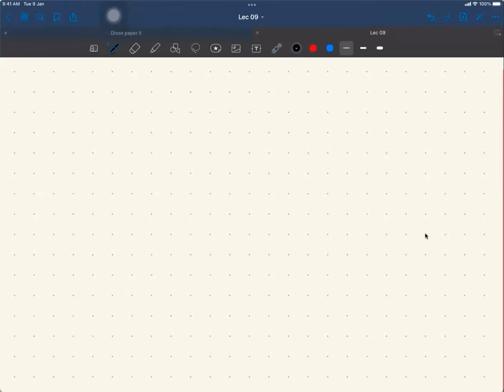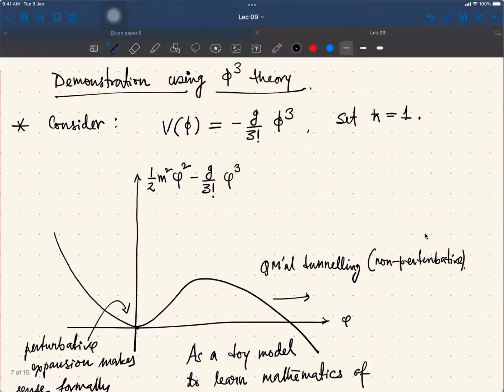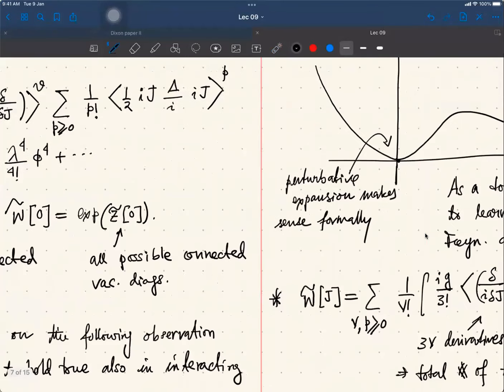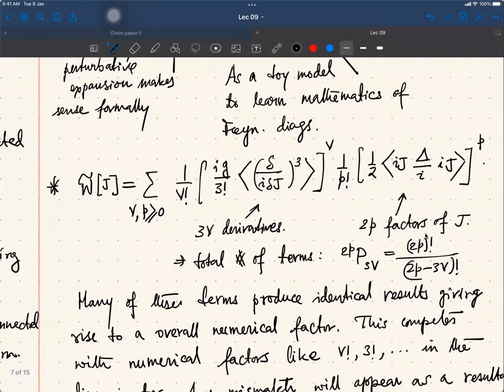So the warm-up calculations, let me begin with expanding W tilde J. If you look at this expression, if you take V equal to 0, then it is just 1, and for all values of P, there is no derivative operator acting on that.